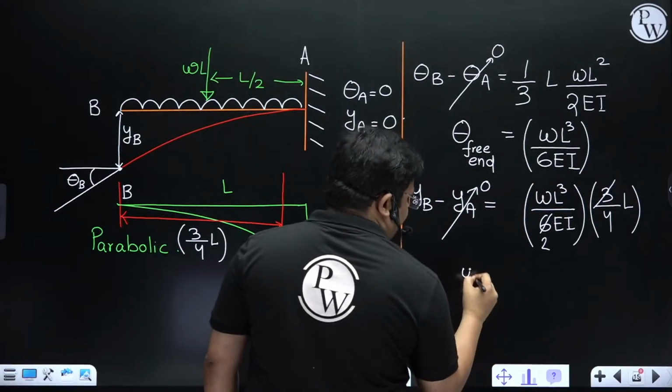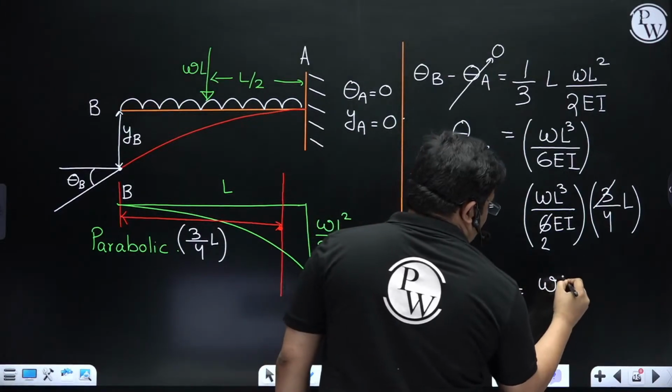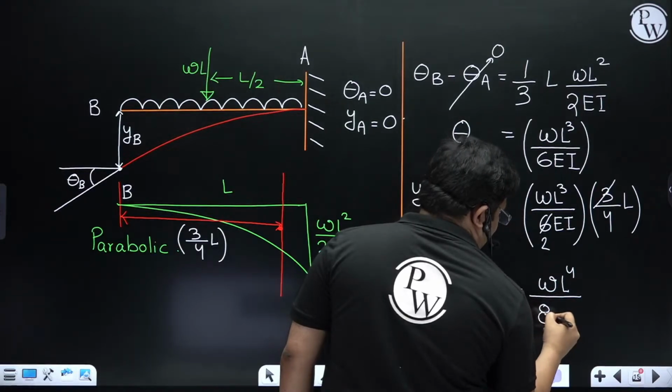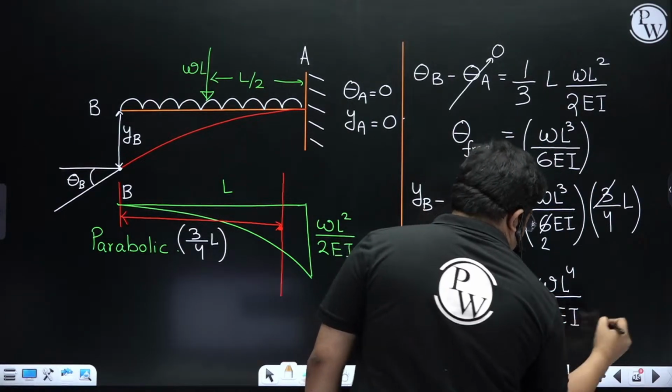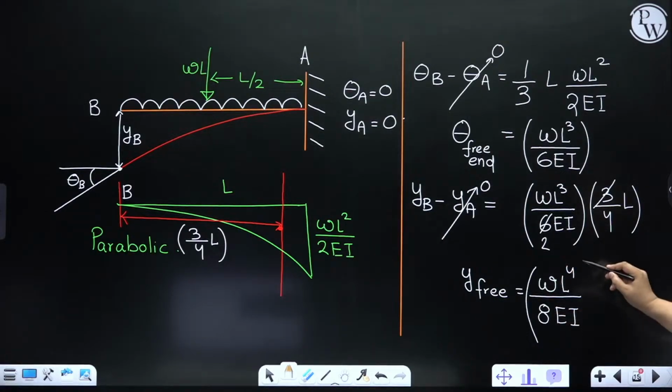So the deflection at the free end, I am getting WL⁴ by 8 EI. Easy to remember, right? In case of any confusions, you can always find it in a very fast manner.